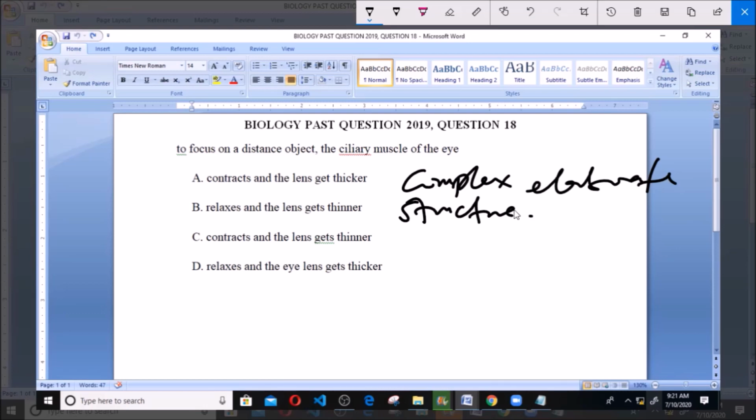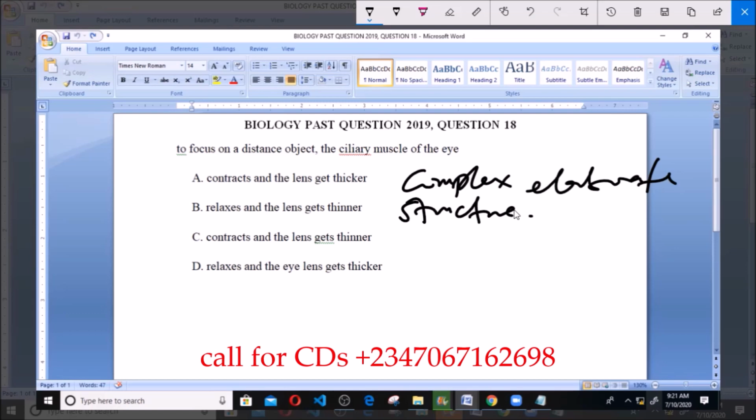Now the eye is composed of ciliary muscles and it has lenses too. The function of this lens is to direct the light. If it's a distant object that you're trying to view, the lens will have to get thinner so you can see it.